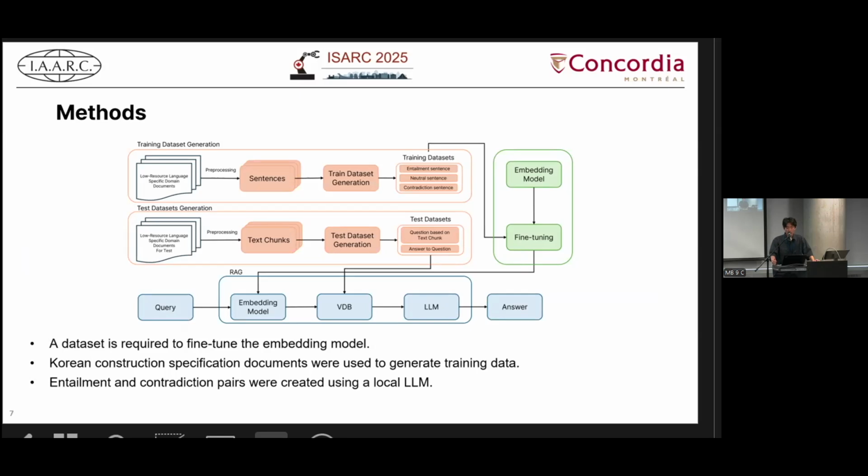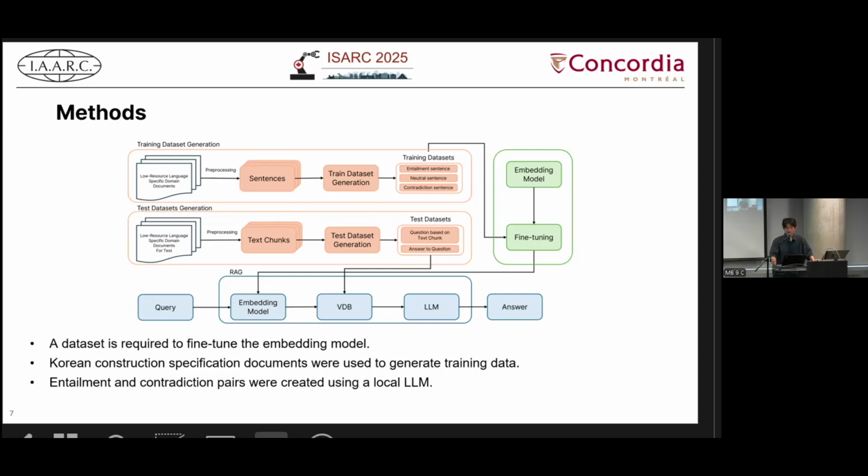Fine-tuning the embedding model requires a training dataset. An efficient dataset generation method was proposed, designed specifically for the Korean construction domain, which provides large-scale and highly structured regulatory documents. Korean construction specification documents were used as the source material.